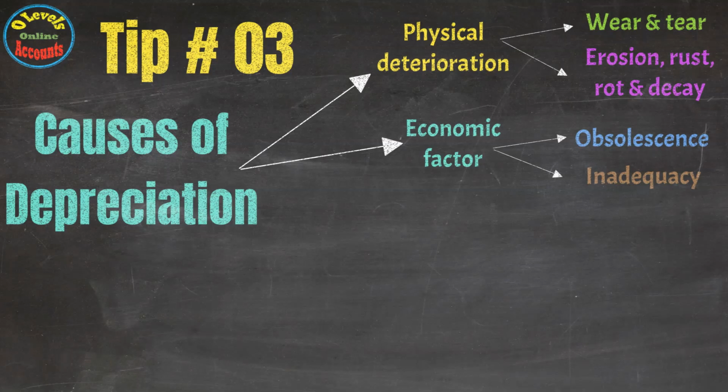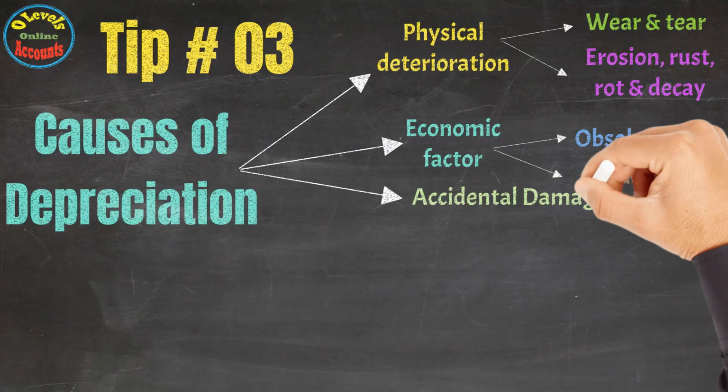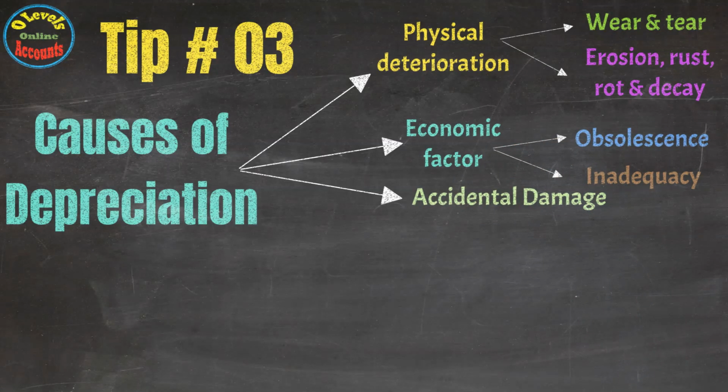Thirdly, accidental damage to fixed assets refers to unexpected and unintentional harm or impairment caused to physical assets, which can result in a decrease in their value, functionality, or lifespan. These incidents can disrupt operations, incur repair costs, or even necessitate the replacement of the affected assets.